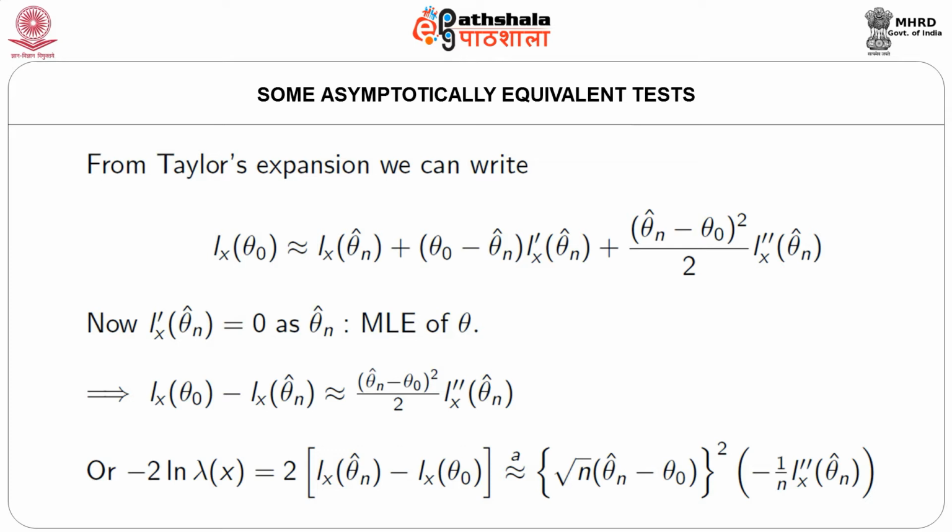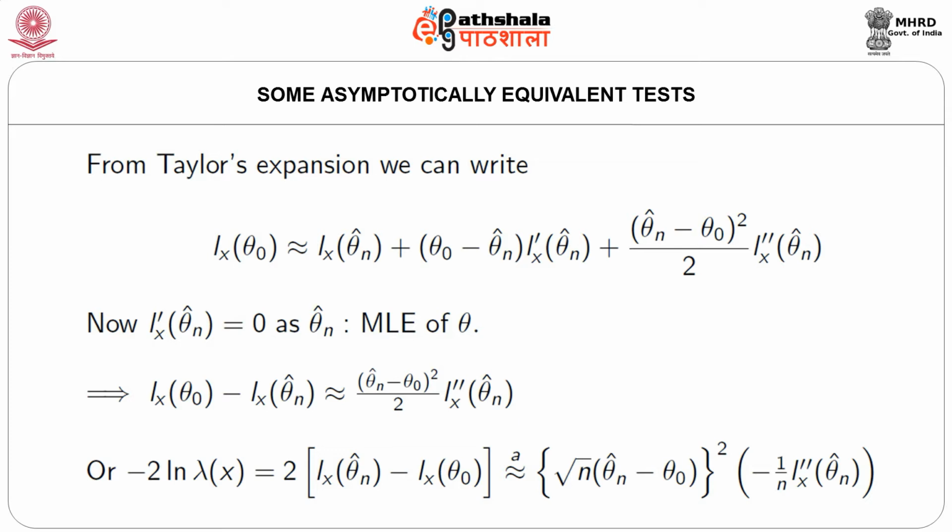Obviously, small l_x prime and small l_x double prime denote the first order and second order derivatives of the log likelihood function small l_x. Now, small l_x prime(theta_n hat) is equal to 0 as theta_n hat is the maximum likelihood estimator of theta. So, as a result, twice (small l_x(theta_n hat) minus small l_x(theta naught)) is approximately equal to (theta_n hat minus theta naught) whole square times minus small l_x double prime(theta_n hat).